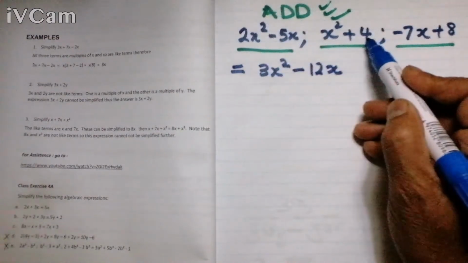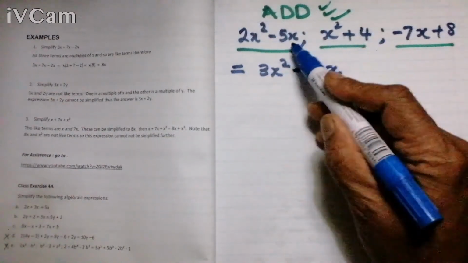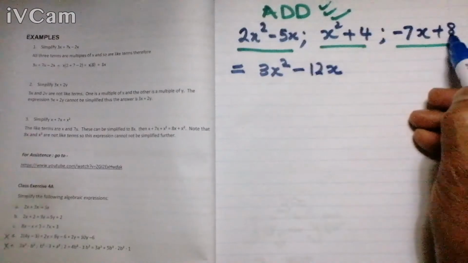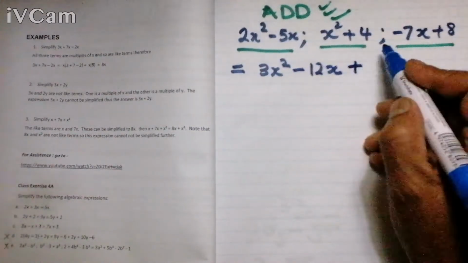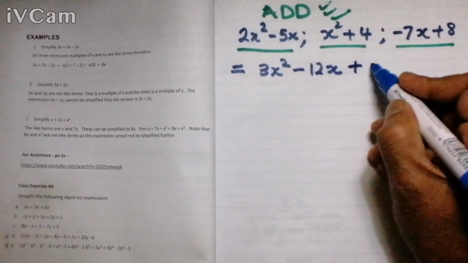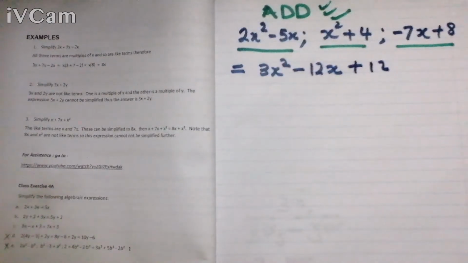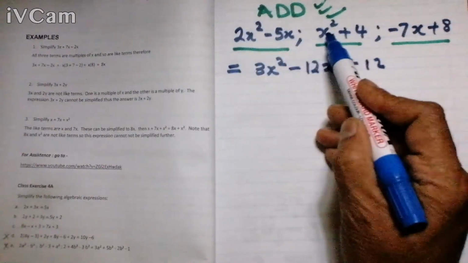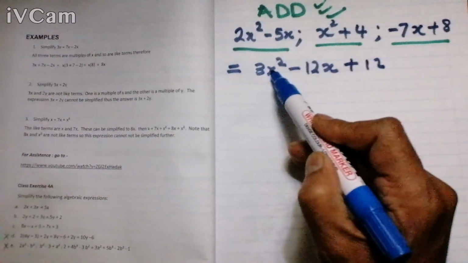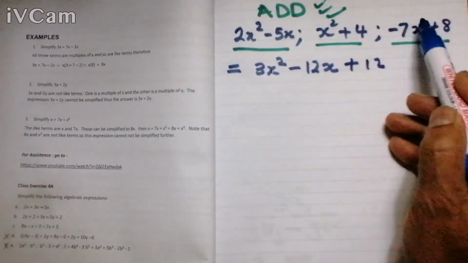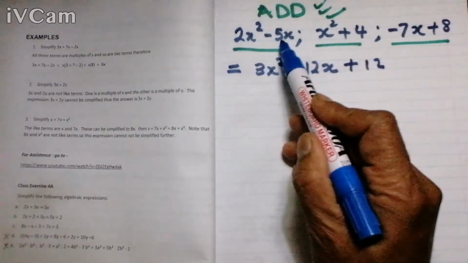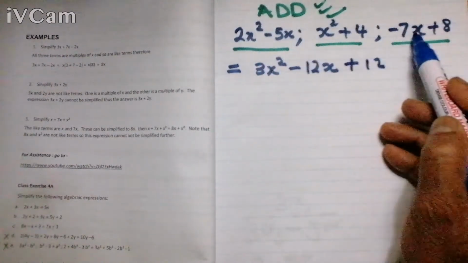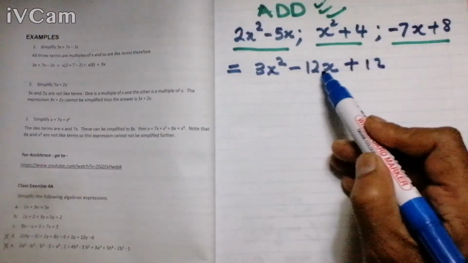Here is the term 4, no number here, and 8 in there. So you get plus 12. So let's go over it again. 2x squared plus 1x squared is 3x squared. There was no x squared here. Minus 5x added to minus 7x is minus 12x.